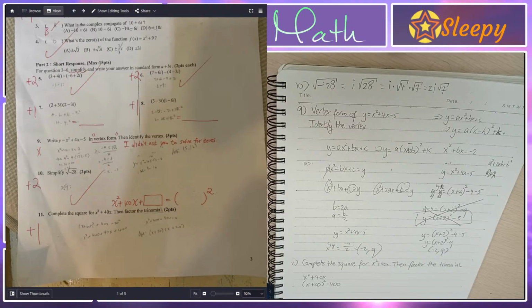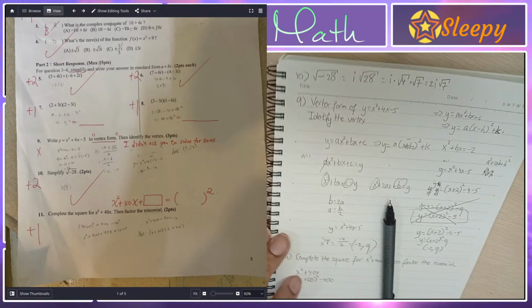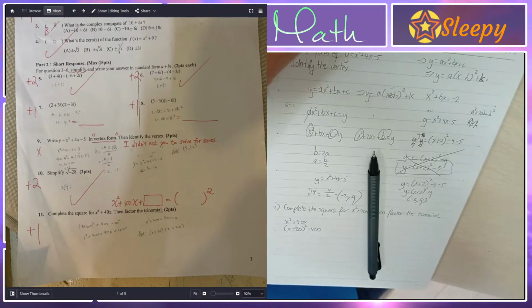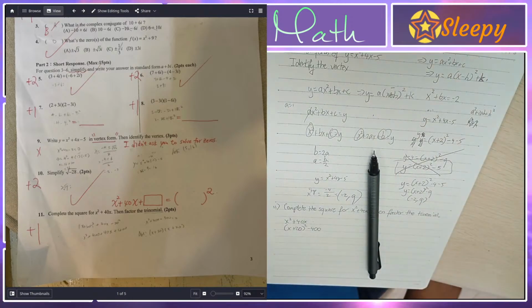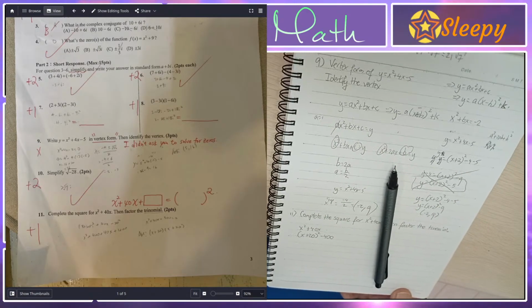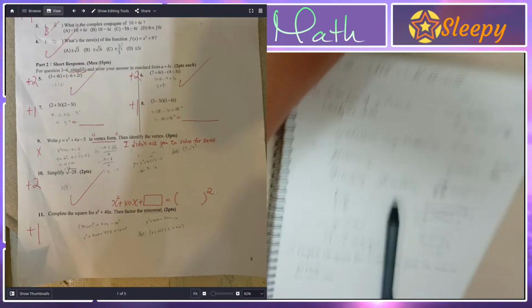And factor the trinomial. What does that mean? Anyone with good math English? Then factor the trinomial, what does it mean?